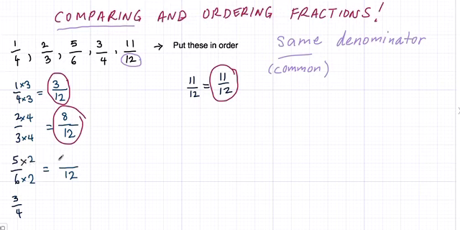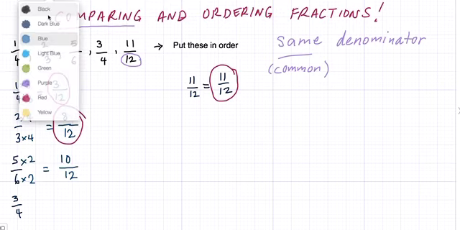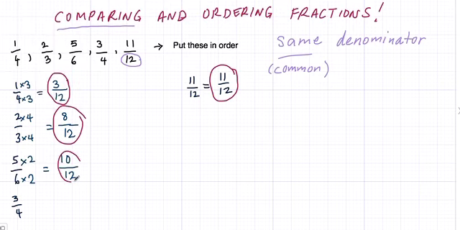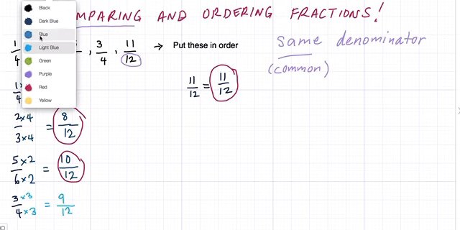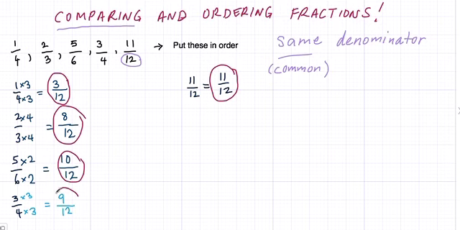Same thing to the top and the bottom, 10/12. And the last one, 3/4, because we know that fourths we can times by 3 to get 12, by 3 to get 9. We know that that is going to be 9/12.